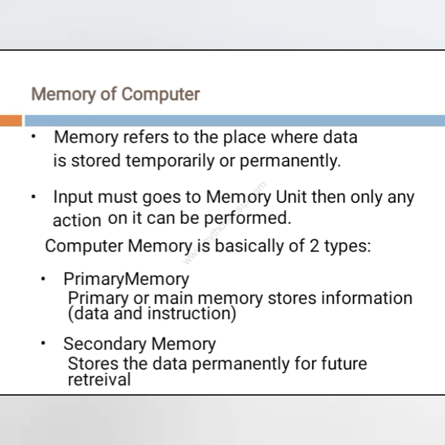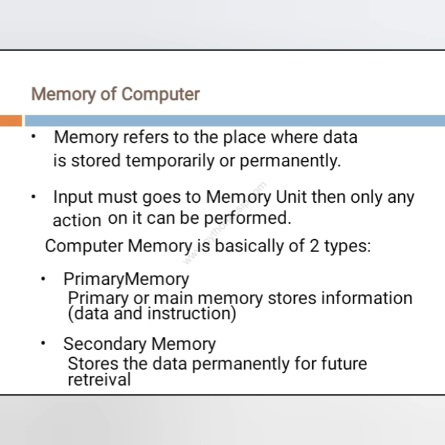Next is the memory of computer. Actually, the memory means storage location. It refers to the place where data is stored temporarily or permanently. Input must go to memory unit, then only any action on it can be performed.